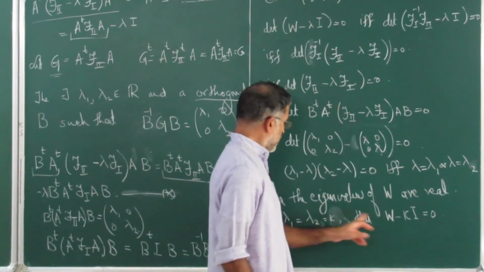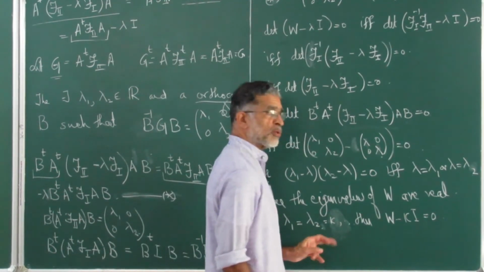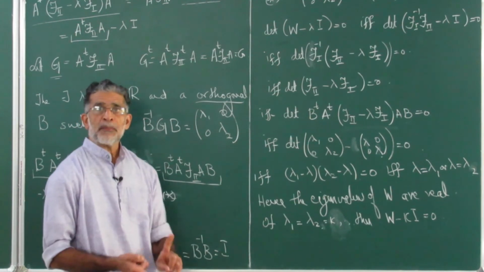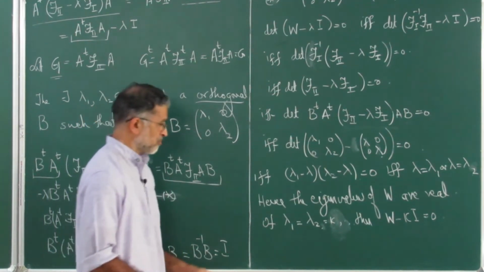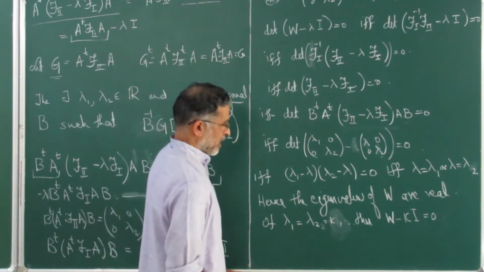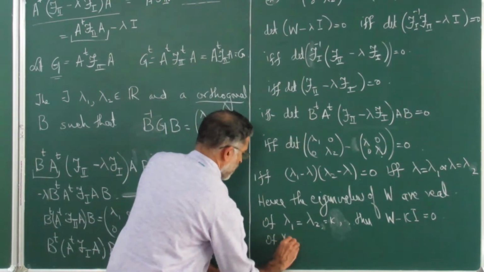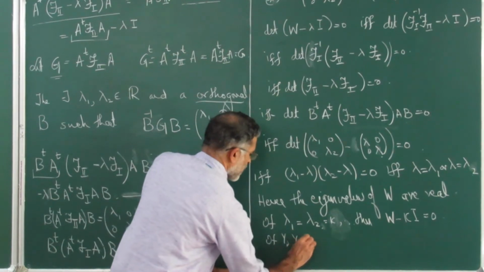Since lambda 1 equals lambda 2, suppose there are two linearly independent eigenvectors y1, y2.